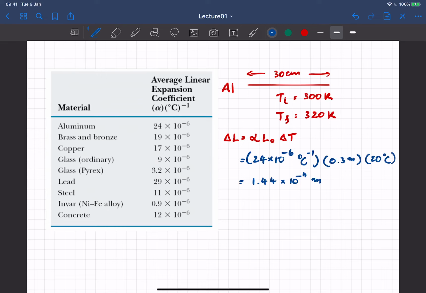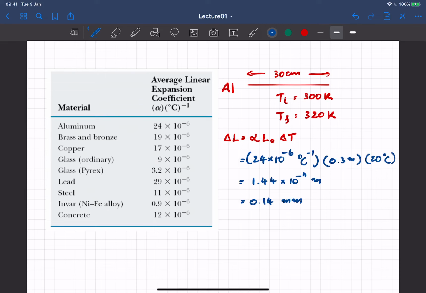How small is this? Well, it's 0.14 millimeter. So you don't even see it. You don't feel that this chopstick is actually getting longer, because the thermal expansion coefficient for regular metal is so small that most of the time you don't really see this effect.